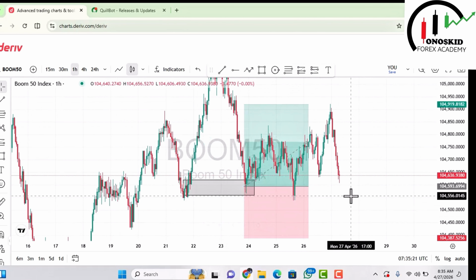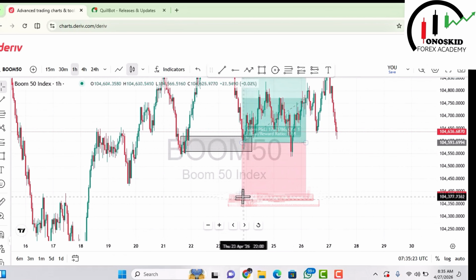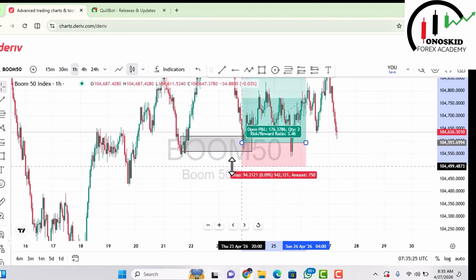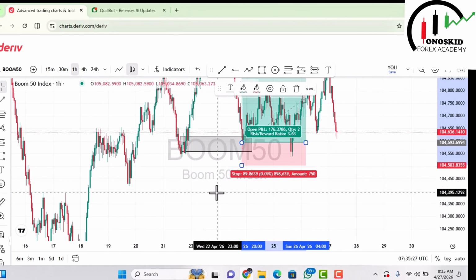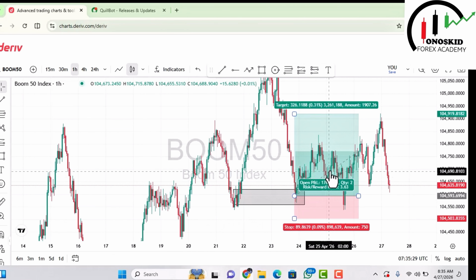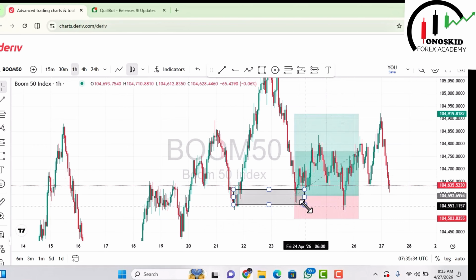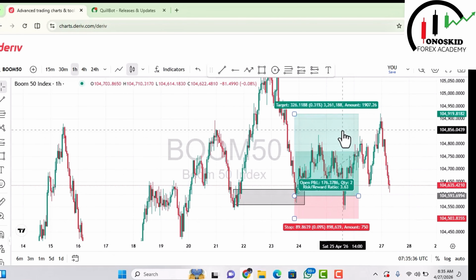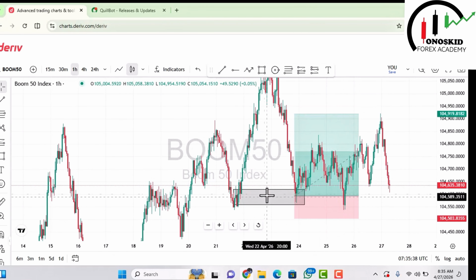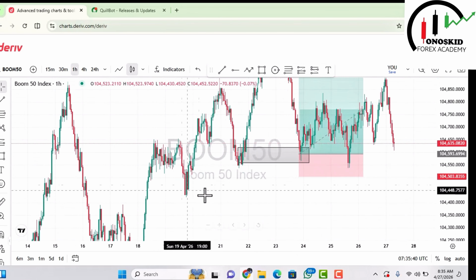If you are entering from here, obviously your stop loss needs to be below this point. Your stop loss needs to be here. Now, how many risk to reward is this? This is 1:3.63. That is almost 1:4 risk to reward ratio. So you would have taken your profit from this point. That means you would have had like how many wins on understanding this simple entry strategy to trade boom and crash.